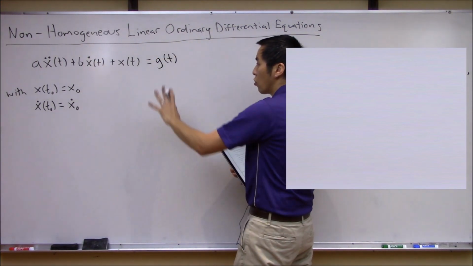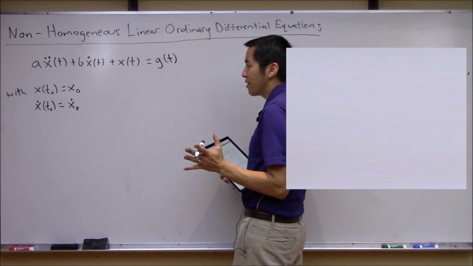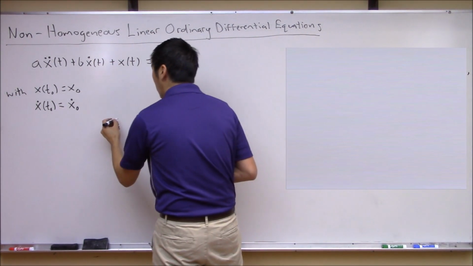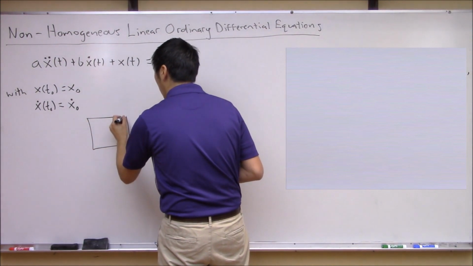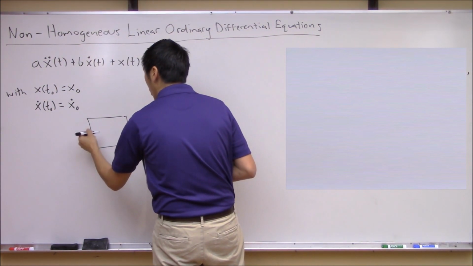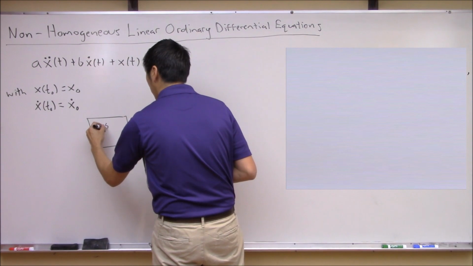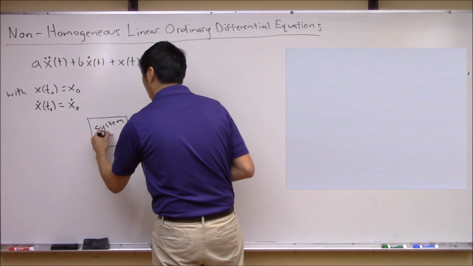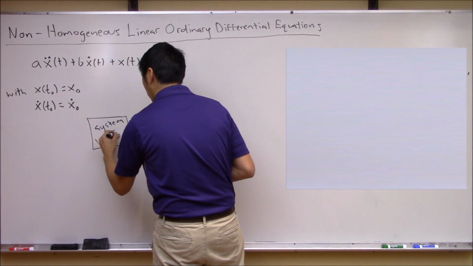Okay? So now, what makes this interesting is this description is almost like an input-output system, where you've got some system governed by this linear ordinary differential equation that we have here.